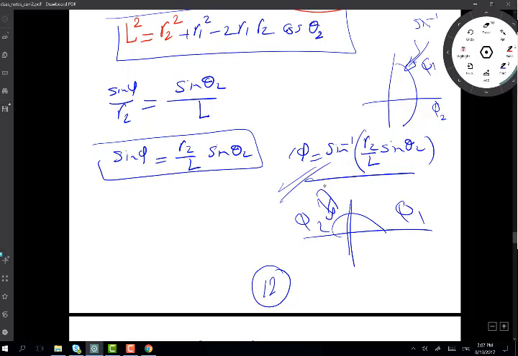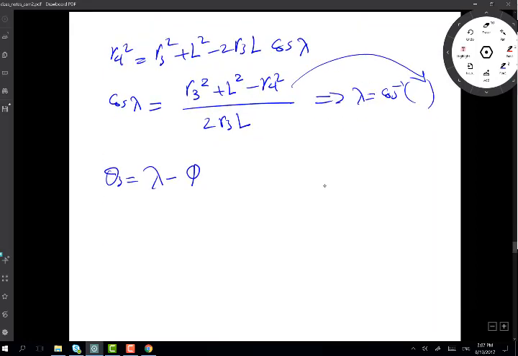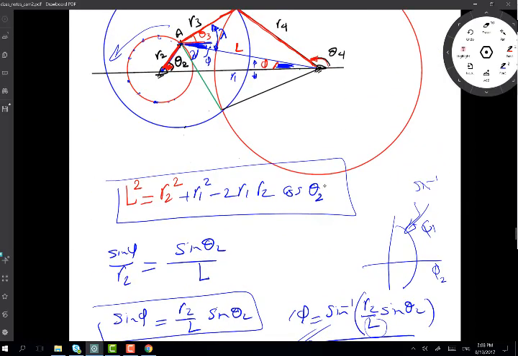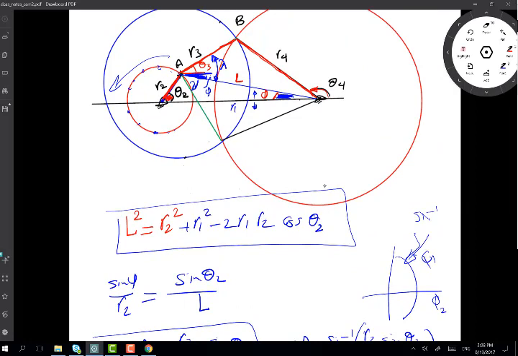As a function of theta, at the value of theta, I calculate my L. Then from L, I plug L here, get the value of phi, and then from the same L I get the value of lambda, take phi from lambda and get my value of theta 3. So I get the position or the angle of the coupler rod.